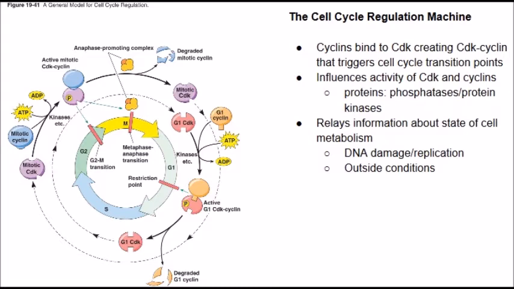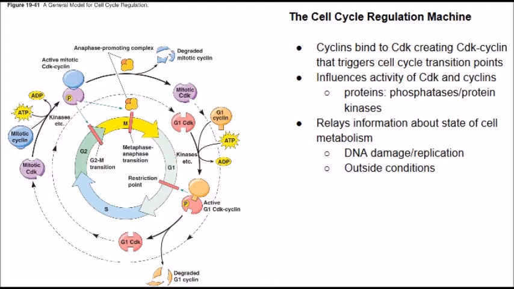So then the mitotic CDK that's to the upper right of the figure is going to move past all of this, and if you look to the upper left of the figure, you see that it gets activated when it is bound to the mitotic cyclin.